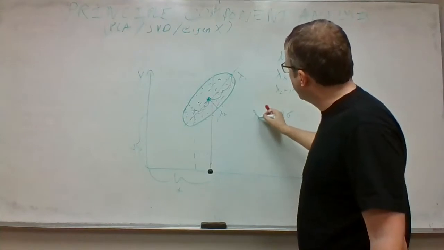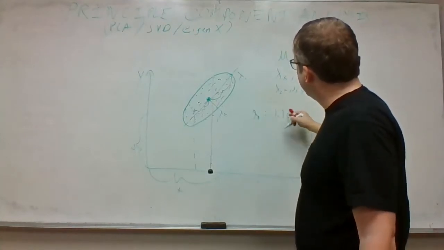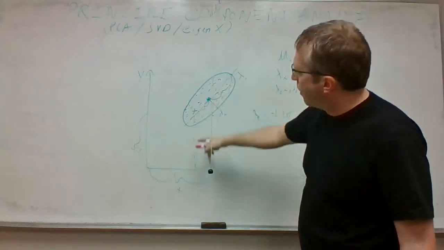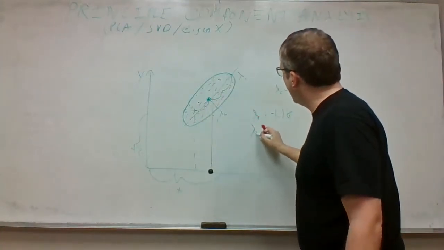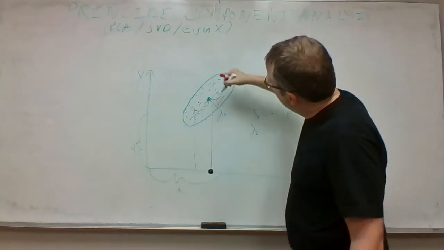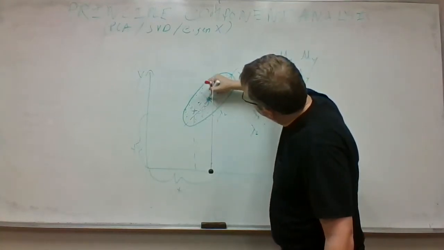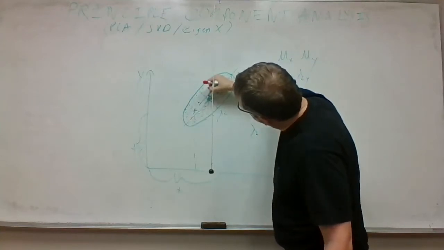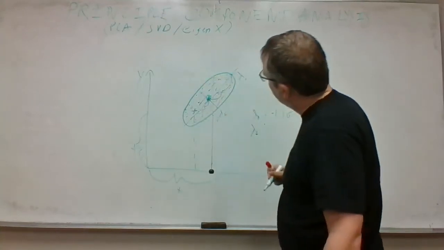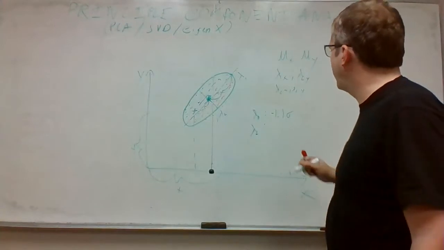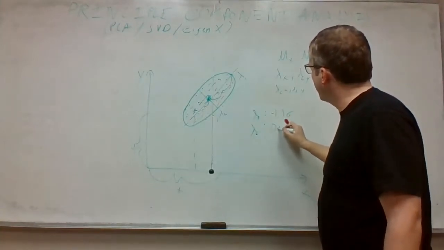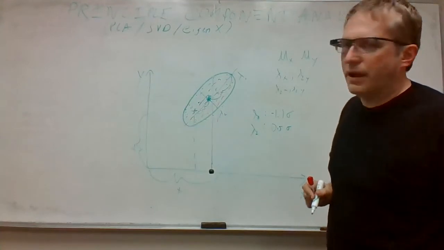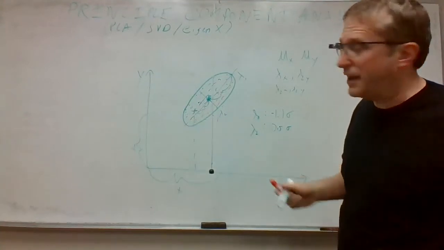So I am minus 1.1 standard deviations from the mean along the first eigenvector. And on the second eigenvector, I am, let's see here, I am this. And so I'm doing this little spot. So I am, say, I don't know, plus 0.5 standard deviations along the minor axis, or the second eigenvector.